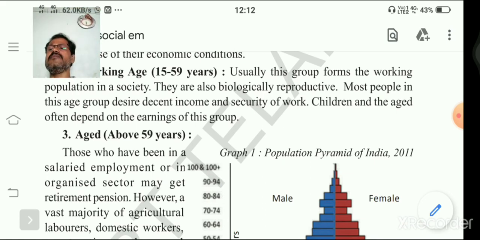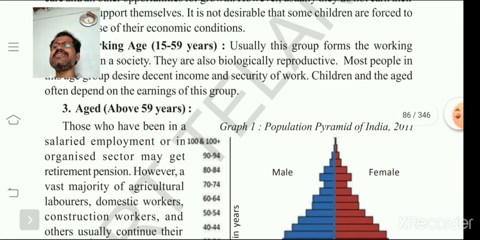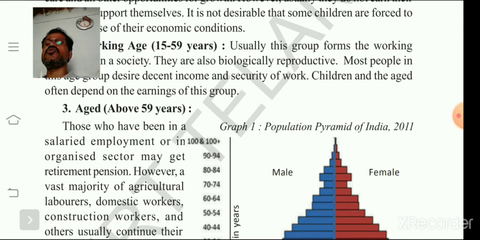Understand? Right? And we see that certain people who work in the organized sector get a pension after their retirement. But what about the 92 percent of the people who are in the unorganized sector? For them, there is no pension and there is no retirement. They work up to their life end, which is just surviving.